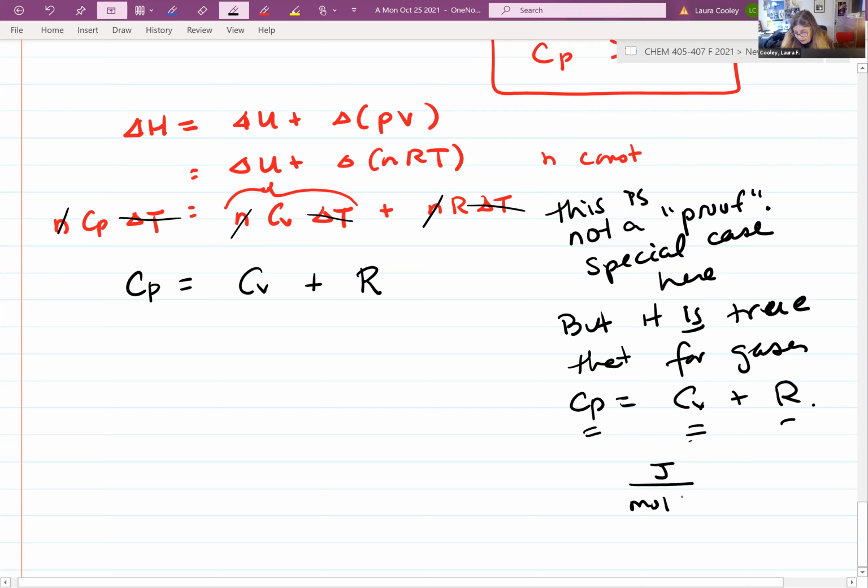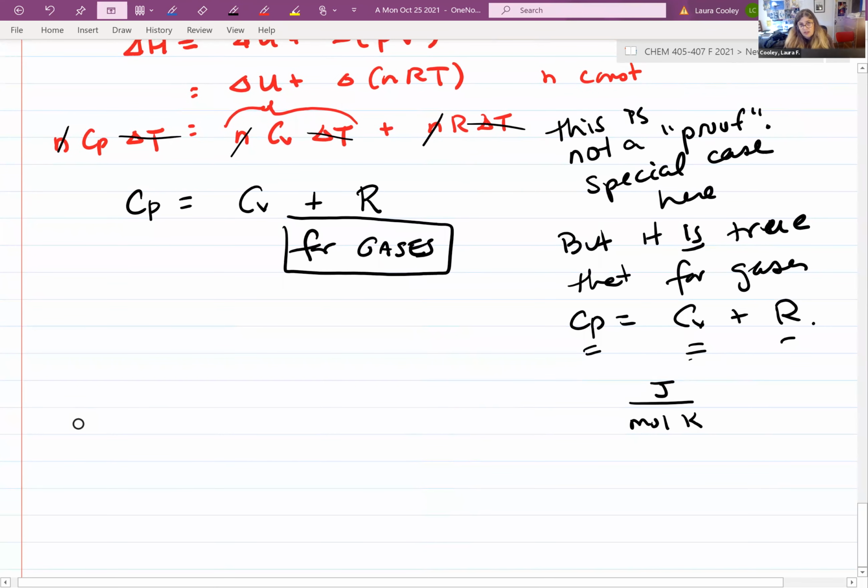Joules per mole Kelvin. That's the units of R, it's the units of CP. So this is generally true for gases. If you wanted to actually prove this, I'd have to write like 3 or 4 pages of differentials and all kinds of math, and we're not doing that this year.